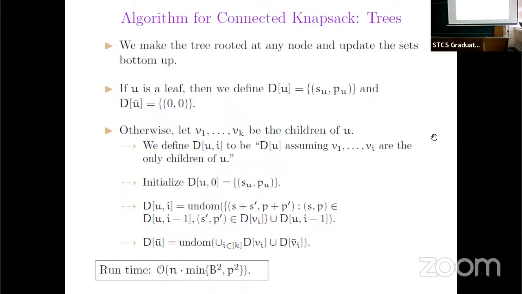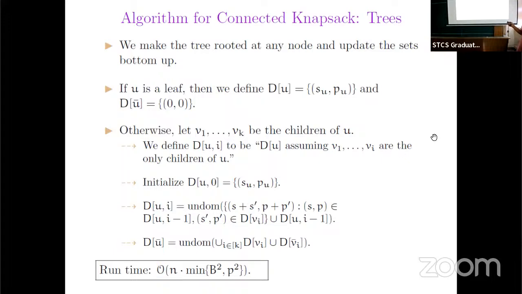For leaf nodes, suppose U is a leaf node and I have to pick U, then that is the only solution. And if I can't pick U, the empty set is the only solution. Otherwise, let's assume that U has children V1, V2, ..., Vk, named arbitrarily. So we create these DP table entries iteratively.